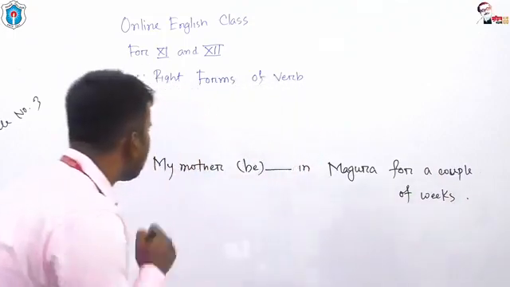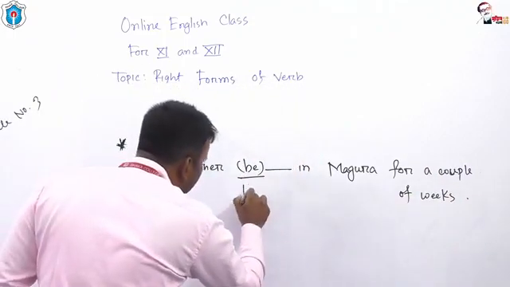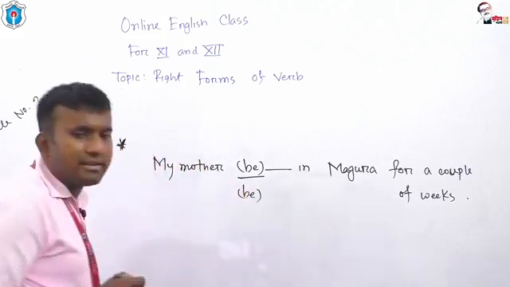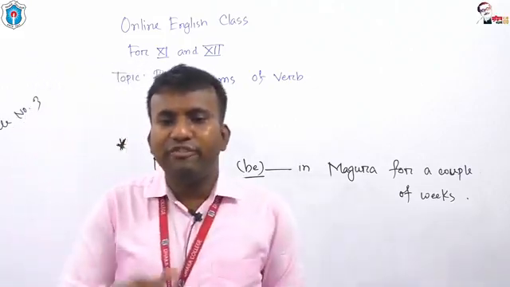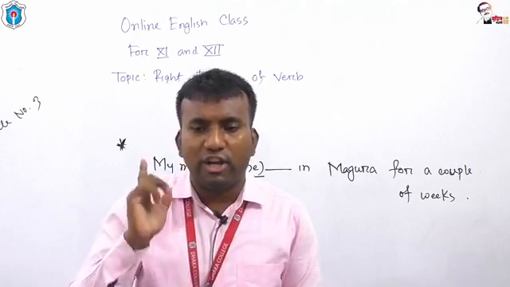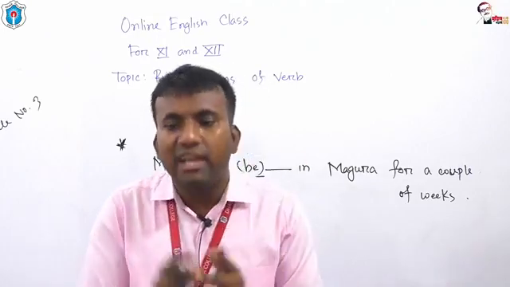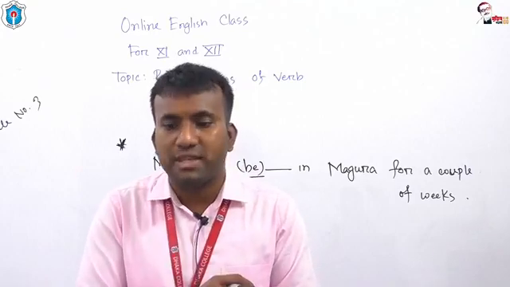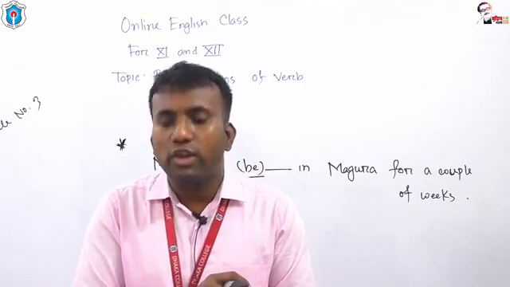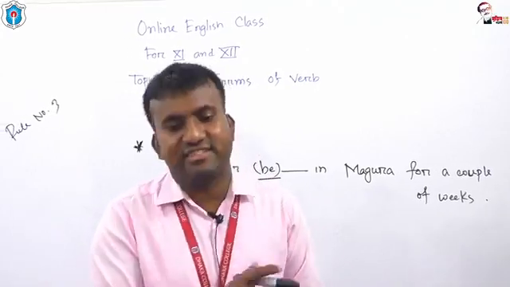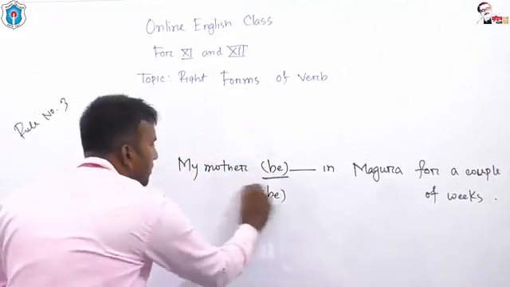But here the main verb is be. If you need present perfect continuous tense, but you have the main verb be, you can't use present perfect continuous tense. You have to use present perfect tense. And why?